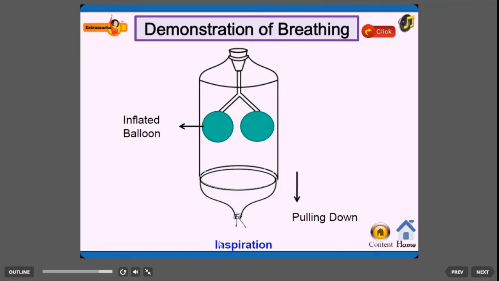So here you can see when the rubber sheet is pulled down, the balloons get inflated, that is, they get blown up because of the air, because of the pressure exerted downwards. So this is analogous, meaning similar, to the inhalation process which happens in our body.